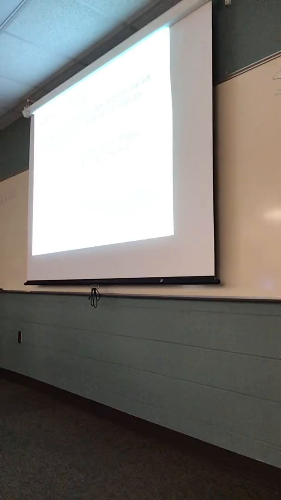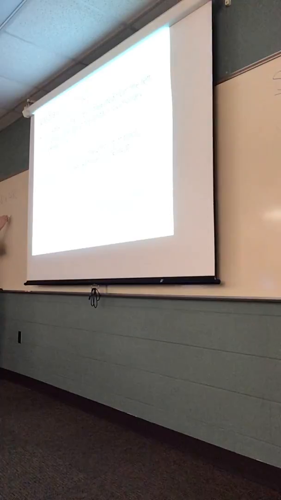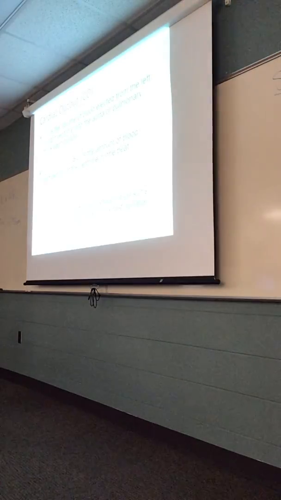What's an average stroke volume? 70 milliliters, right? What's an average heart rate? 75 beats per minute. So what might be an average cardiac output? We need a calculator, right? Can you put that in your calculator?